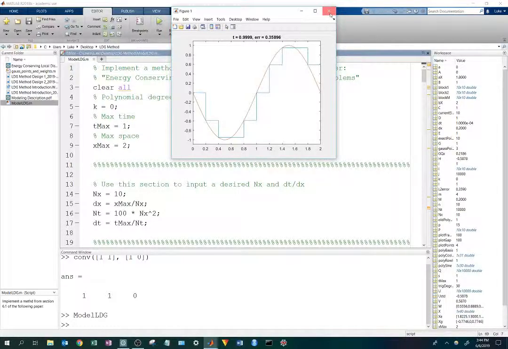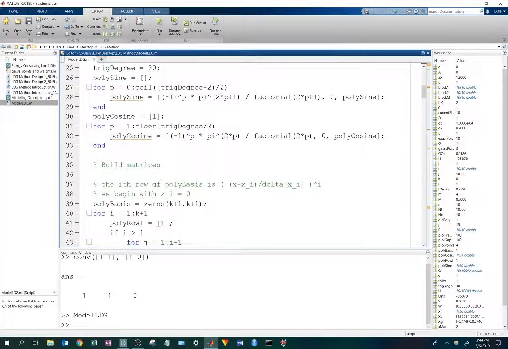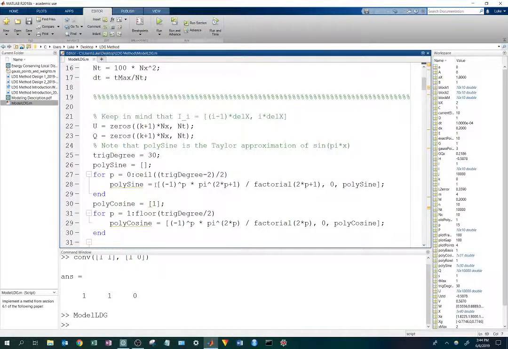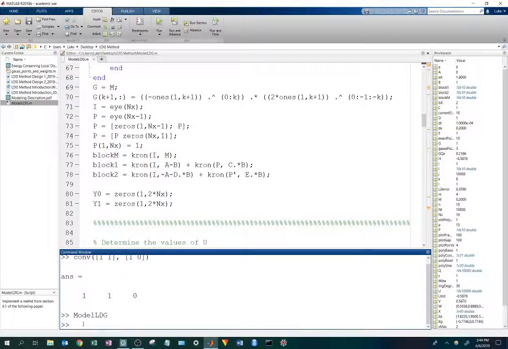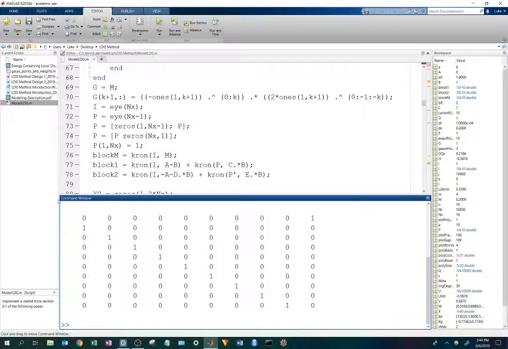So if we look at what P and Q are, we're using P and Q to construct these block matrices. Actually, I only use P and P prime. So P looks like this. You've got ones off the diagonal, lower, and then you've got this one up here in the corner.